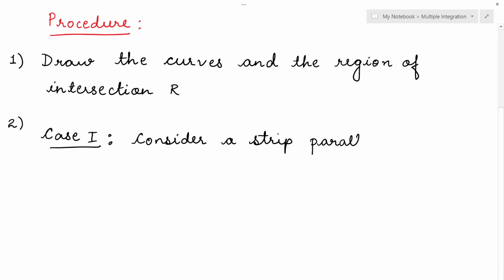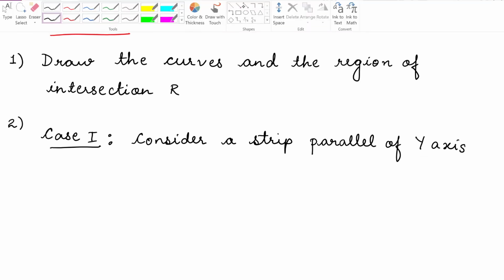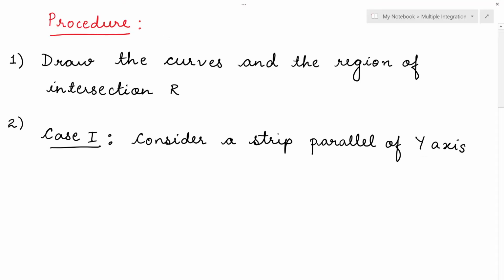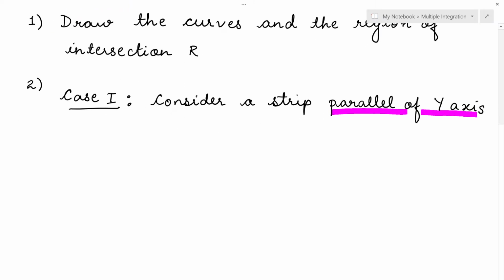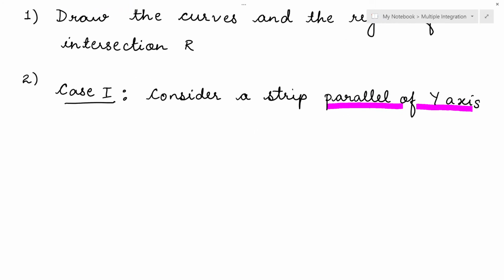To find the limits of integration, we will have to consider a strip. That strip may be a standing strip, in the sense that it is parallel to the y-axis, or that strip may be parallel to the x-axis. So we are taking the first case where the strip is parallel to the y-axis.